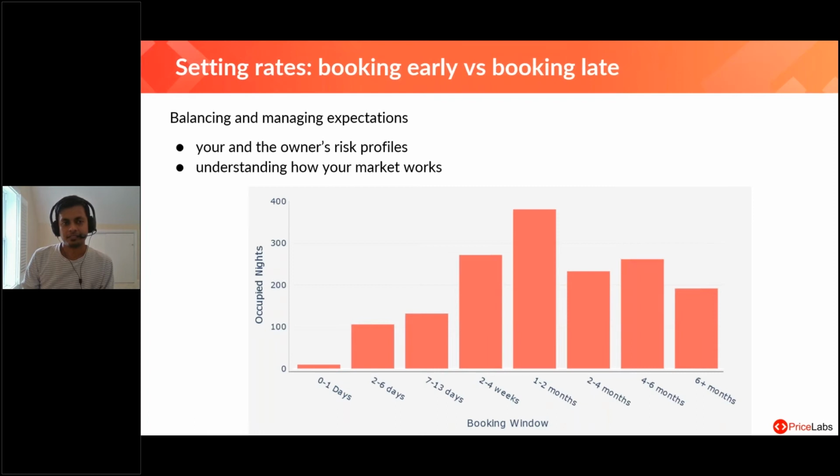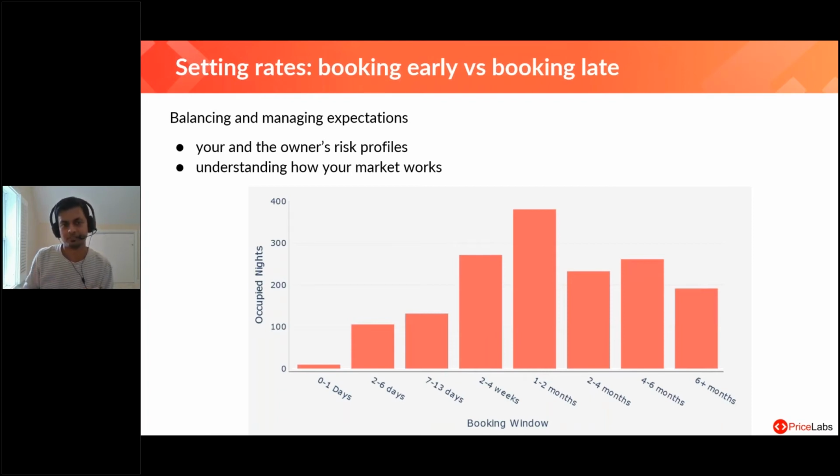The last thing when setting rates is, again, I talked briefly about lead time, but for every owner this is unique: you have to think about your and your owner's risk profiles. I talked about how we are setting rates a year out or more than a year out, and there are folks who prefer to get bookings early rather than late.